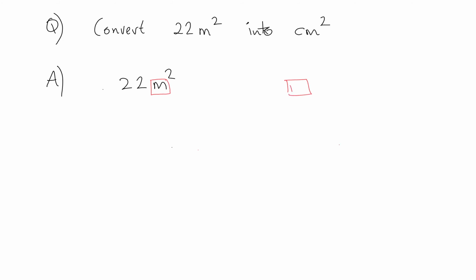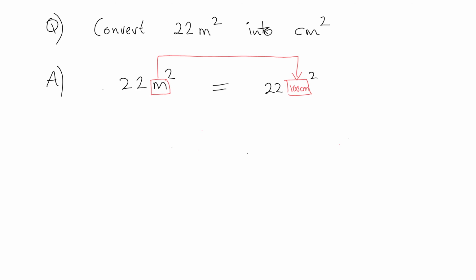Now a metre is 100 centimetres. So that's that bit there. Now notice that red box is being squared, so we must still square it, and we still have a 22 there. Okay, so notice that this 1 metre is 100 centimetres.